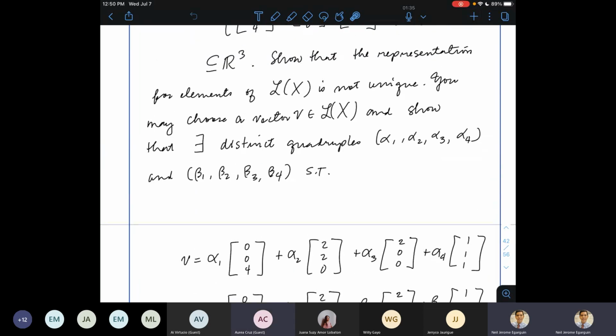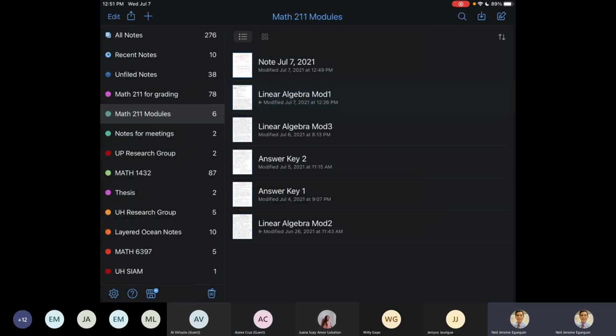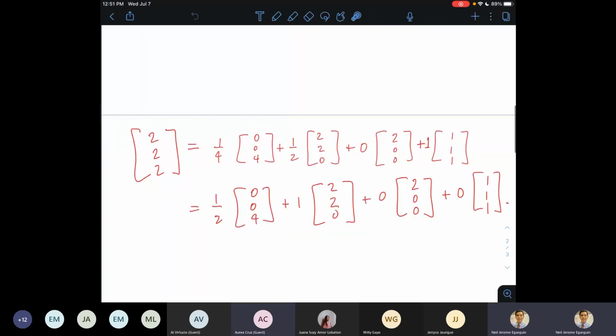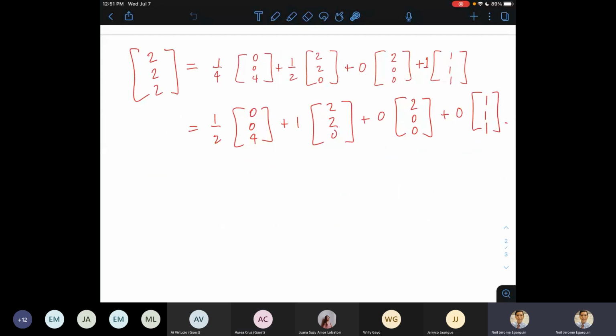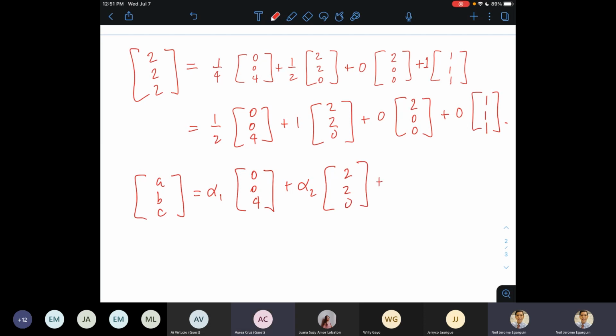It says here that the representation is not unique. So that means if I have a vector like this, I can write it as alpha 1 times (1, 0, 0, 4), plus alpha 2 times (2, 2, 0), plus alpha 3 times (2, 0, 0, 0), and then plus alpha 4 times (1, 1, 1, 1).